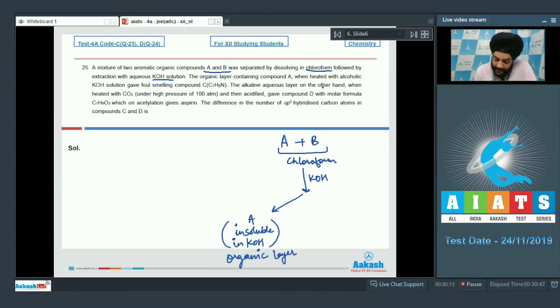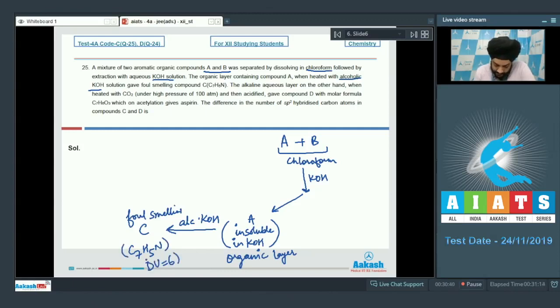The compound A was further allowed to react with alcoholic KOH. When this compound A was allowed to react with alcoholic KOH, it gave us a foul smelling compound C. Its formula given to us is C7H5N. Its degree of unsaturation comes out to be equal to 6.